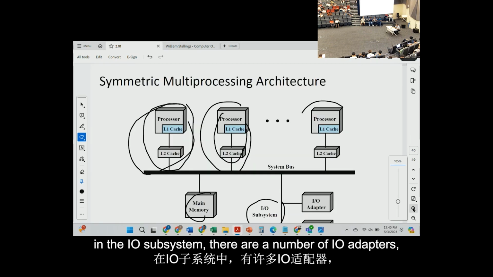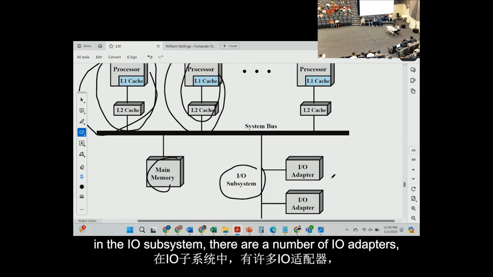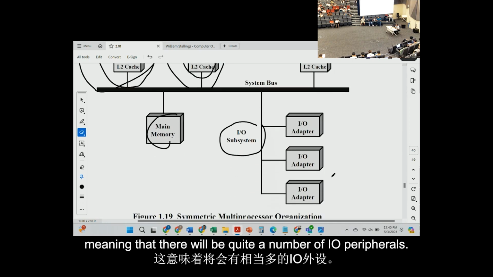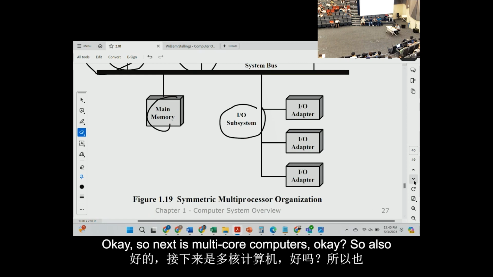In the I/O subsystem, there are a number of I/O adapters, meaning that there will be quite a number of I/O peripherals.